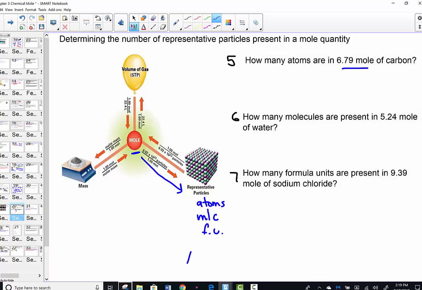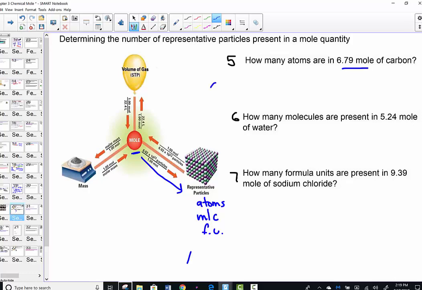I've learned that there's an Avogadro's number of atoms in a mole. Avogadro's number is 6.023 times 10 to the 23rd. I often just write 6.02 and get close enough to the answer. I most often don't carry the 6.023, simply because the number in the problem rarely gives me that many decimals.